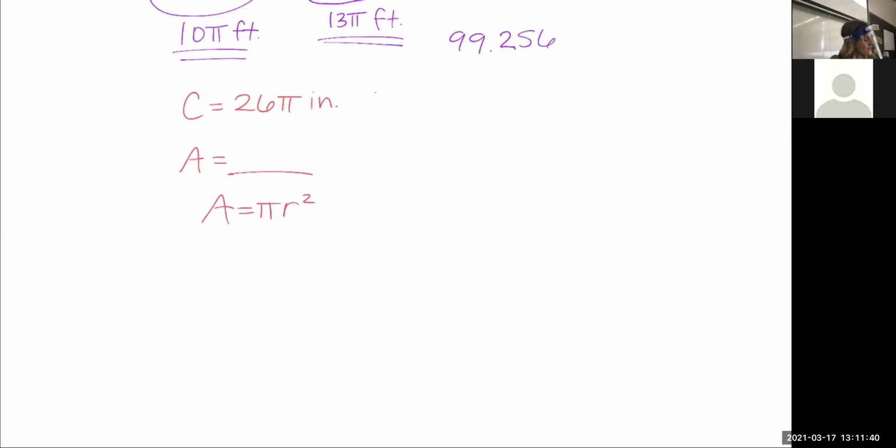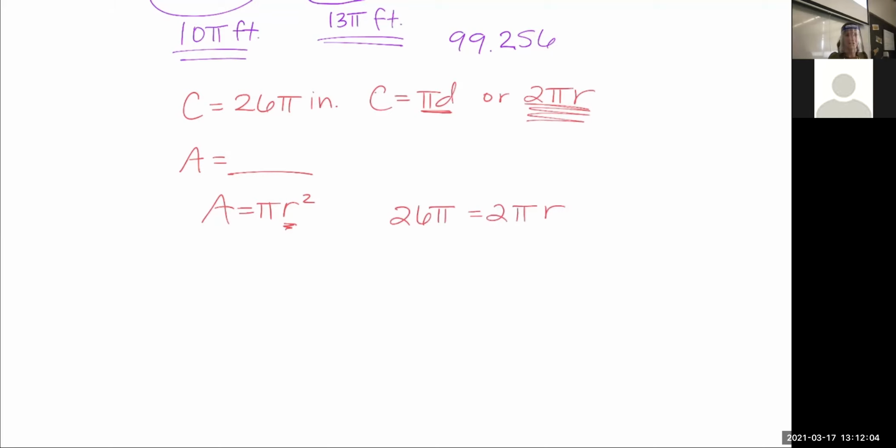Circumference is either pi d or 2 pi r is your formula. So if we're looking for area, we're looking for a radius. So I would probably just use this formula because that has the radius in it. You can use this one and then just cut it in half. That's fine too. So we would say circumference 26 pi equals 2 pi r, and then solve for r.